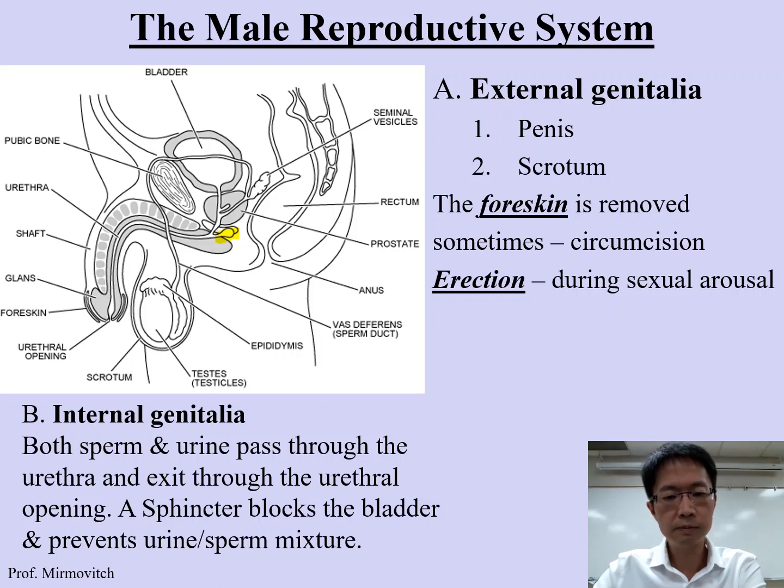It is the seminal vesicles, the prostate gland, and the bulbourethral glands. These three glands produce semen. Anyway, if you are not taking anatomy, I will not test you on the labeling in the final exam.